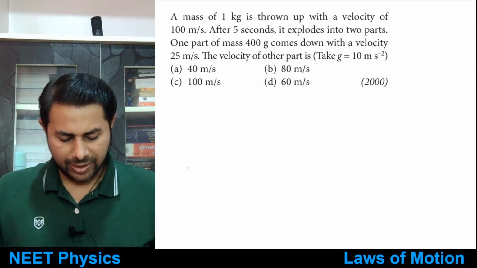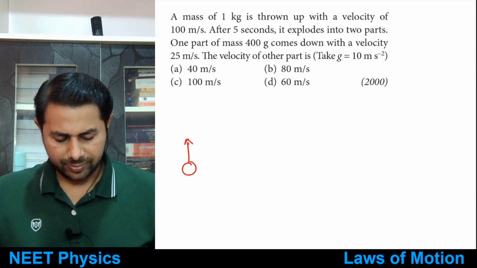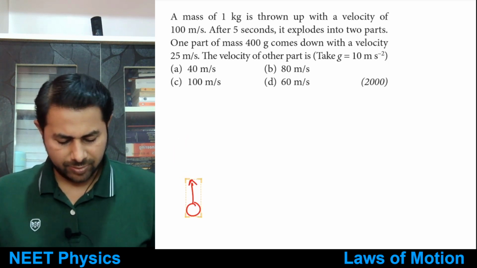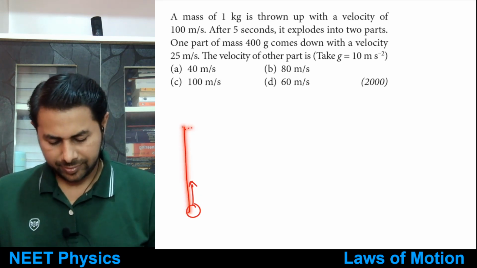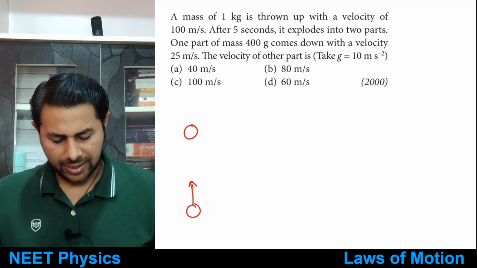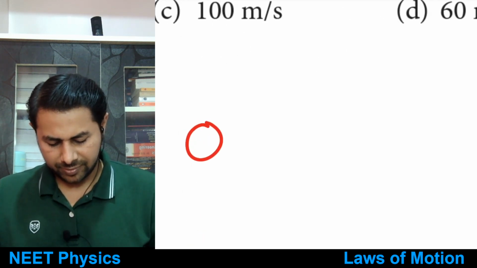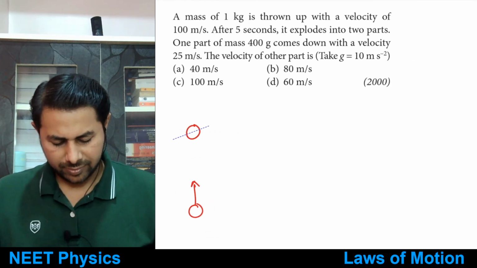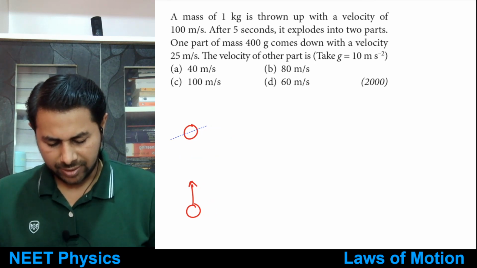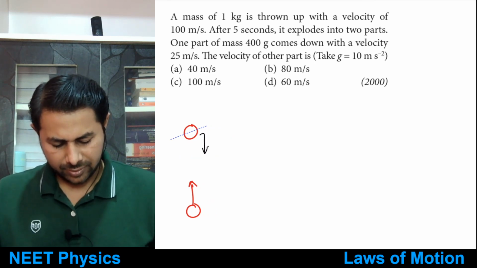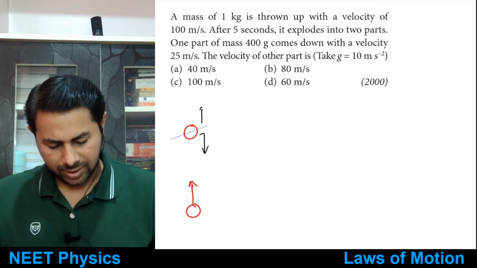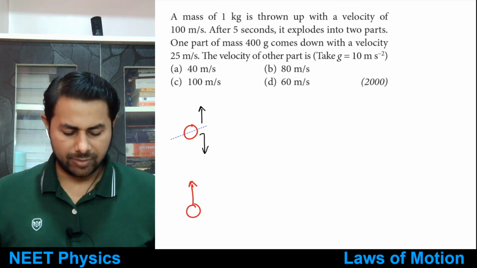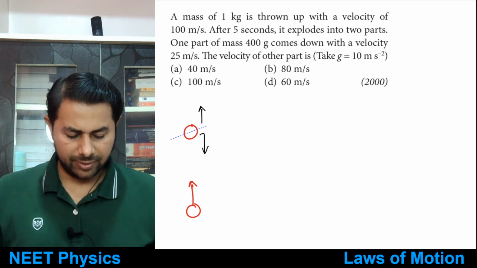A mass of 1 kg is thrown up. So let's say this ball is thrown up, it moves till some height, and at this height it breaks into 2 pieces like this, and this piece comes down with some velocity. One piece comes down, the other piece will keep on moving up, but its velocity will change, right?